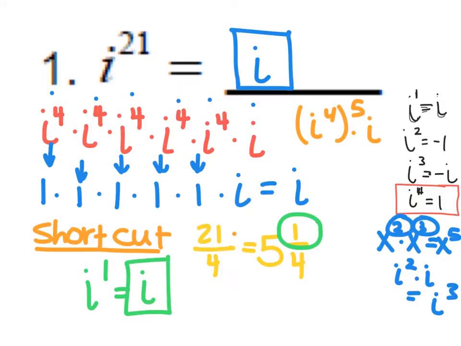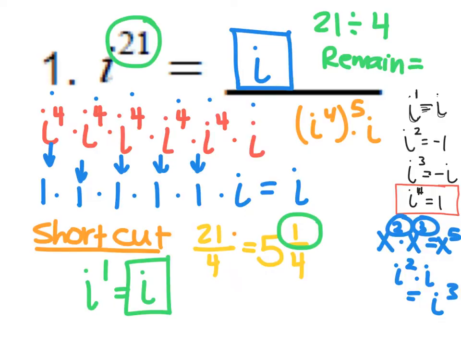So again, you take whatever this number is, 21, you divide it by 4. Whatever the remainder is, that's your degree in your final answer.